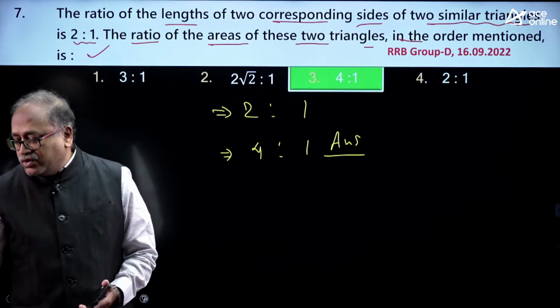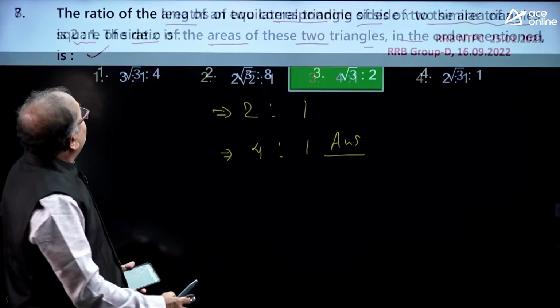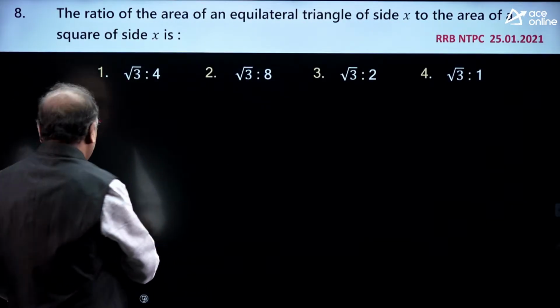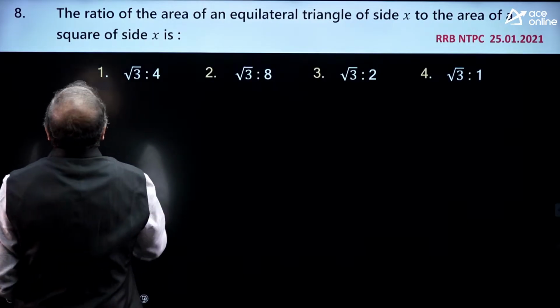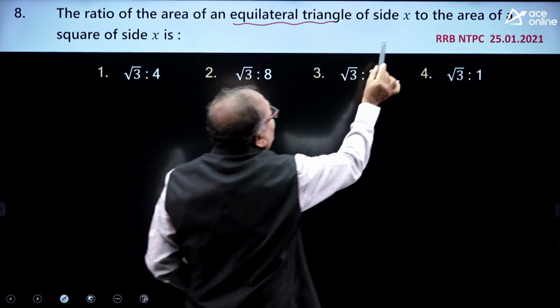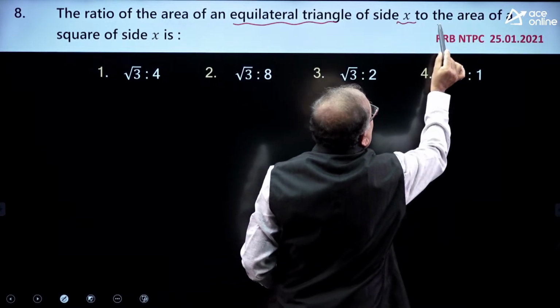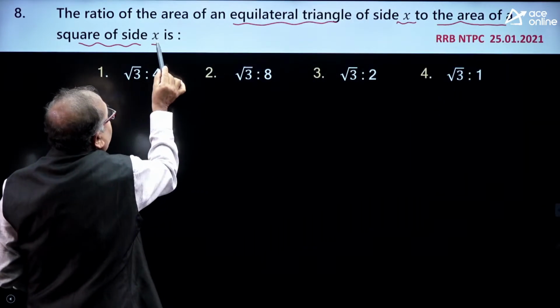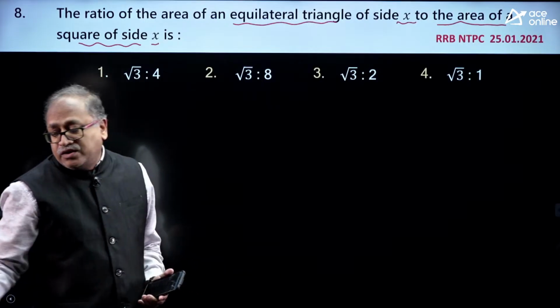So I am moving on to the next question, and look at the next question. If you can answer it, try to answer this question here. What is this question? The ratio of the area of an equilateral triangle of side x to the area of a square of side x. What is that?